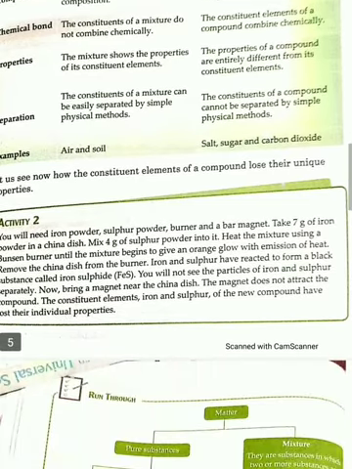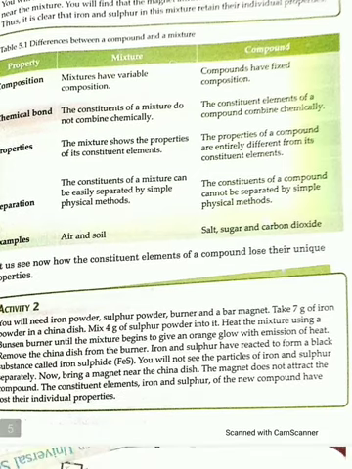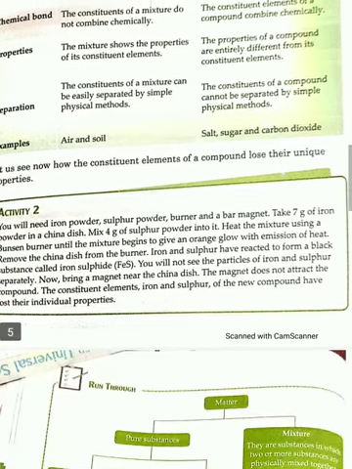The magnet does not attract the compound. Why? Since the constituent elements iron and sulfur of the new compound have lost their individual properties and have changed to iron sulfide. So I think activities 1 and 2 are clear to you, and the difference between compound and mixture has been given to you.